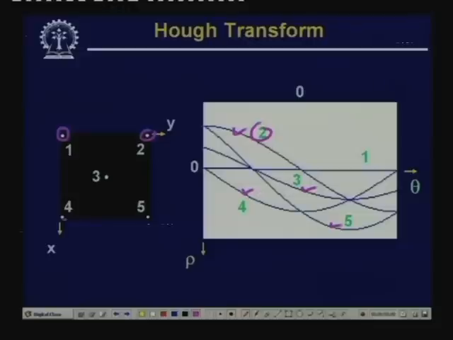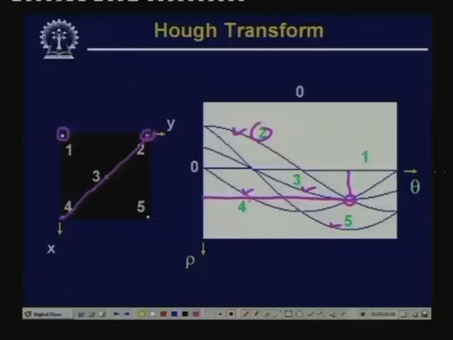And now you find that if I want to find out the equation of the straight line passing through say these 3 points 2, 3 and 4, then these 3 sinusoidal curves are meeting at this particular point in the rho theta plane. So, the corresponding cell will have a value equal to 3, indicating that there are 3 points lying on the straight line which satisfy this particular value of theta and this particular value of rho.